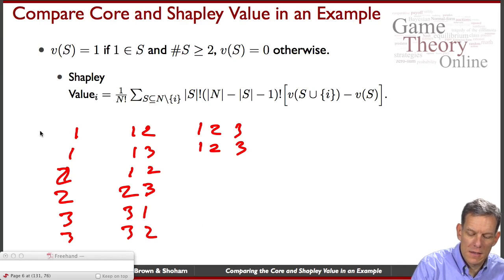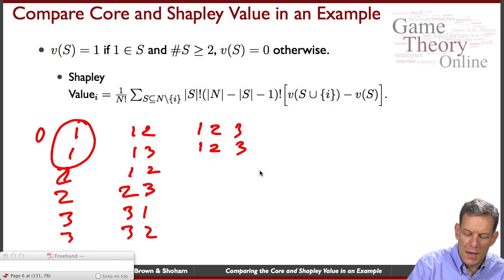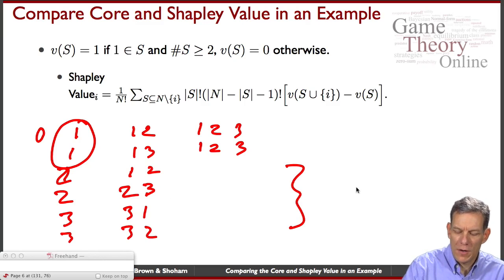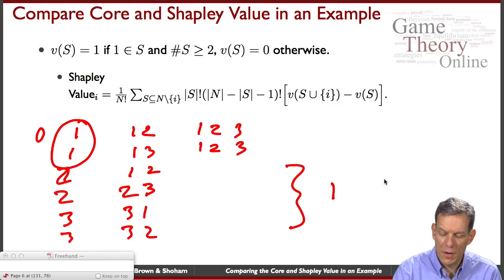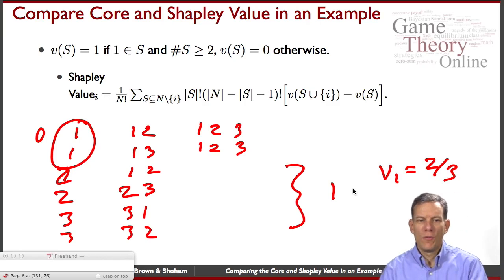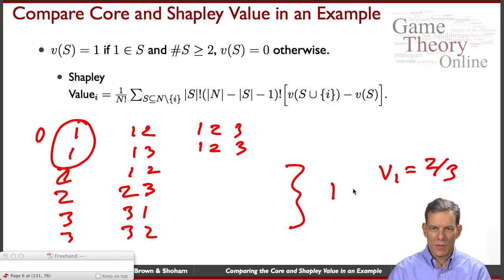And in this case, when 1 comes in, these two they add nothing. And in every other case, no matter where 1 comes in, 1 comes in when there's at least 1 other player there. In all these other cases, they're adding a value of 1. So this is going to tell us that the value to 1 should be equal to 2/3, because 2/3 of the time they're adding a value of 1, and 1/3 of the time they're adding a value of 0.